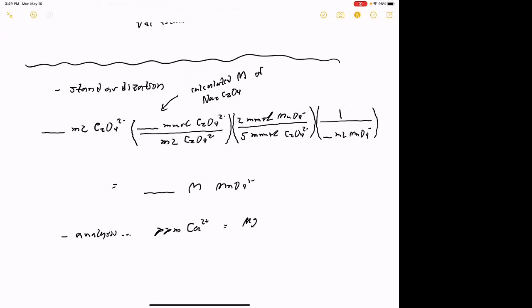I could say it's micrograms of calcium ion per milliliter of solution, or I could say it is milligrams of calcium ion per liter of solution, okay? And when I say liters, I mean liters of unknown or milliliters of unknown, all right?